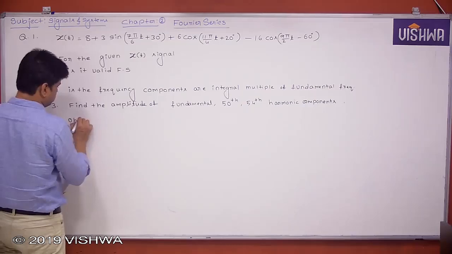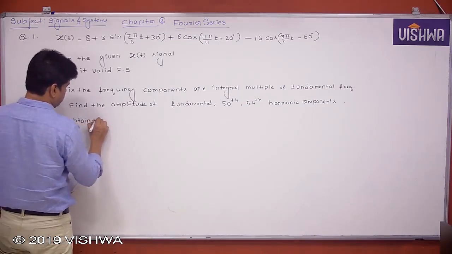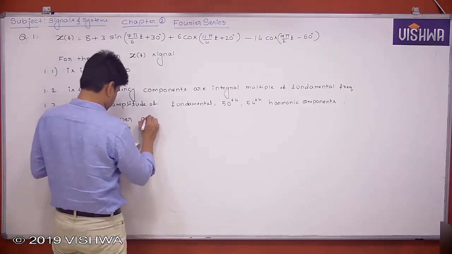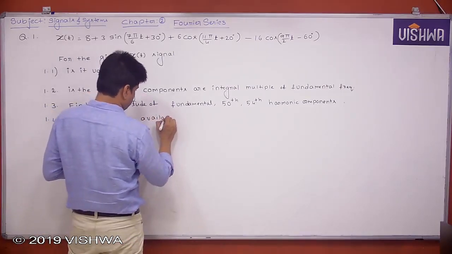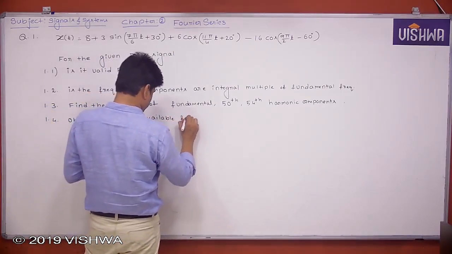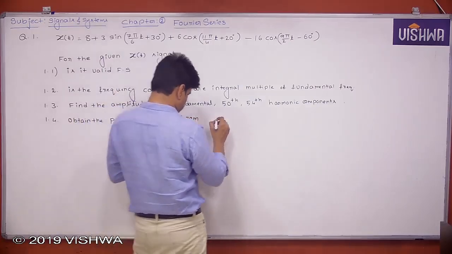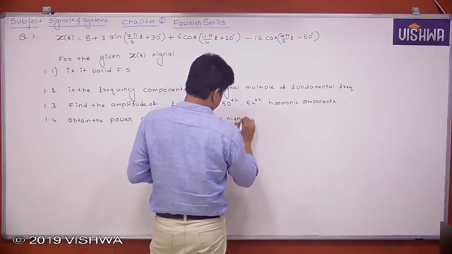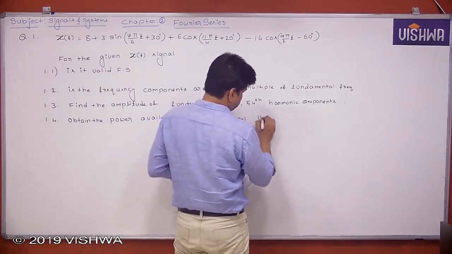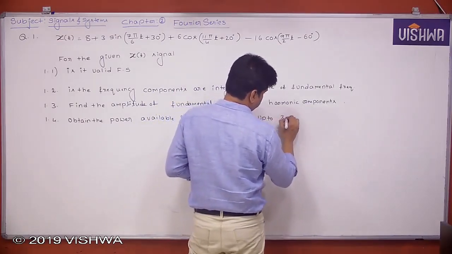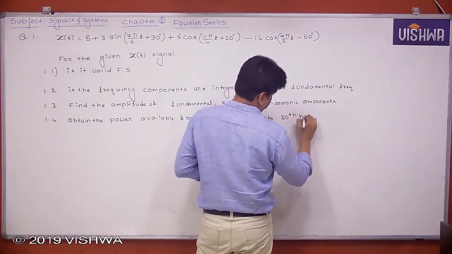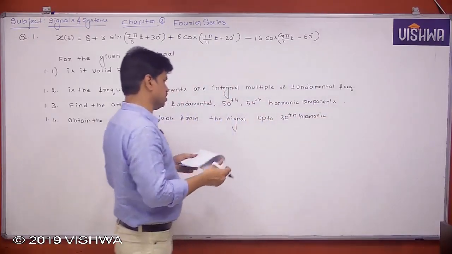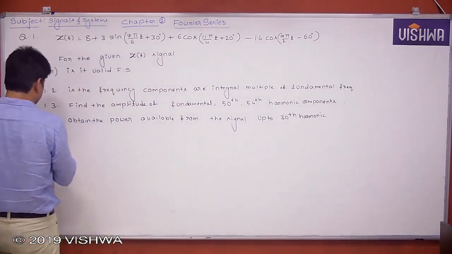Obtain the power available from the signal up to the 30th harmonic. Up to the 30th harmonic.